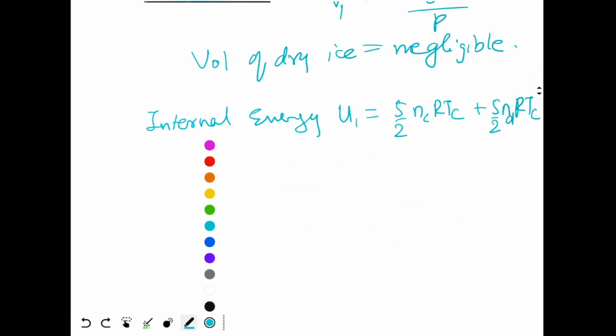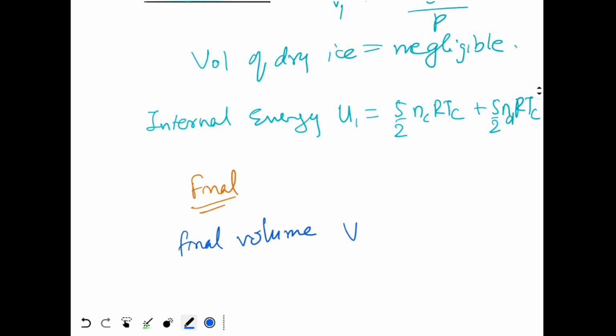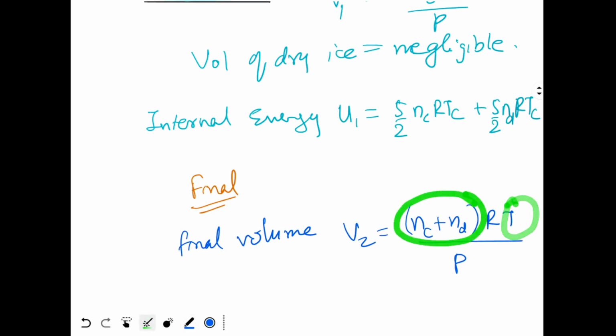Now we look at the final situation. So finally the temperature is T. Okay, final temperature is T. So the final volume is how much? Final volume V2 will be (NC plus ND) R into T divided by P. Final temperature T. Total number of moles of the gas finally is NC plus ND.